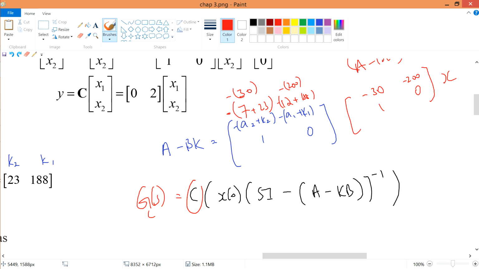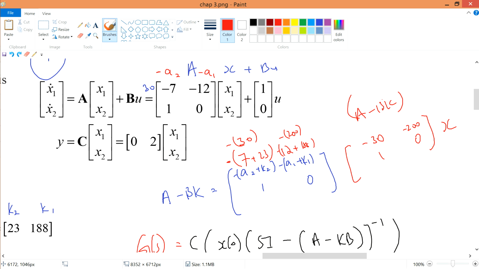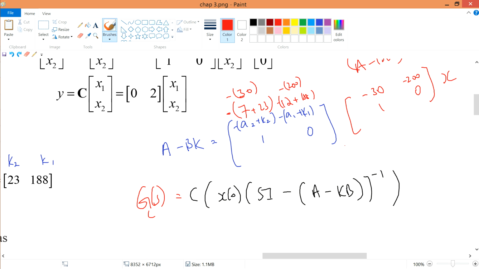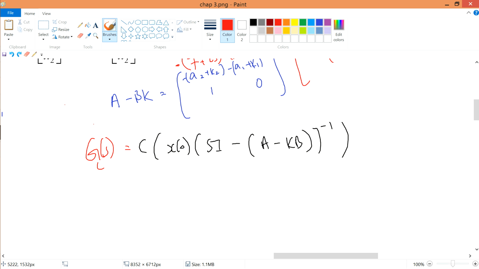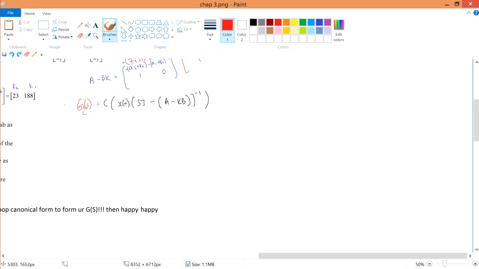So just substitute in your C matrix, which is 0, 2, and then your x0 is your initial state, your sI is simply some stuff, and then minus A minus BK, which is the one that we have found, which is this one, right? Ours is A minus BK. What we're doing now is to find the A minus BK, which is the closed loop, and then you inverse the matrix. Eventually, when you substitute in everything, you will represent your transfer function. And this is where you can acquire your closed loop transfer function based on all the steps.